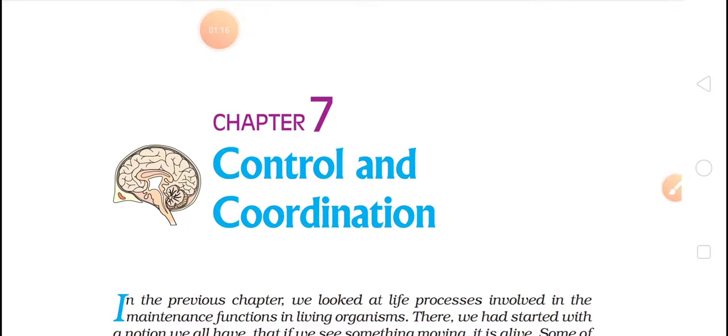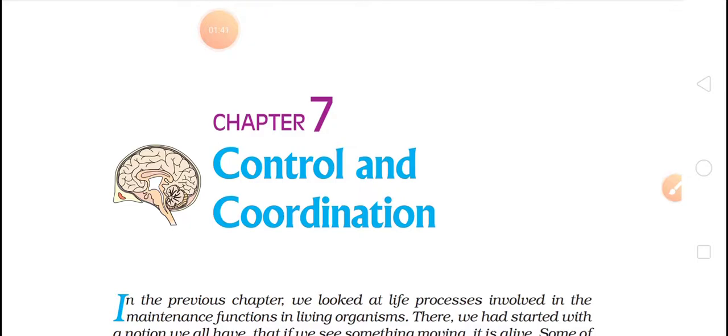So whatever life processes we have done in the 6th chapter, after that one more system is there in humans, that is your nervous system. So I was thinking that let's finish all the systems of humans. So here is chapter number 7, control and coordination.